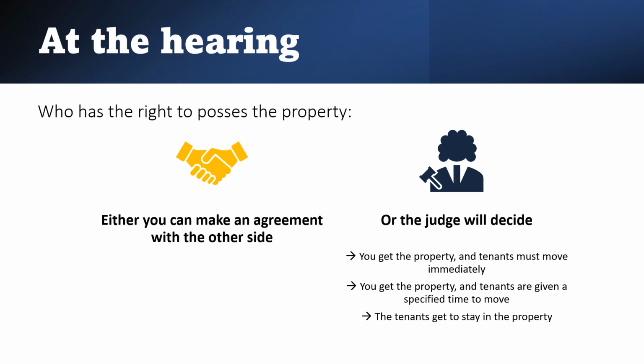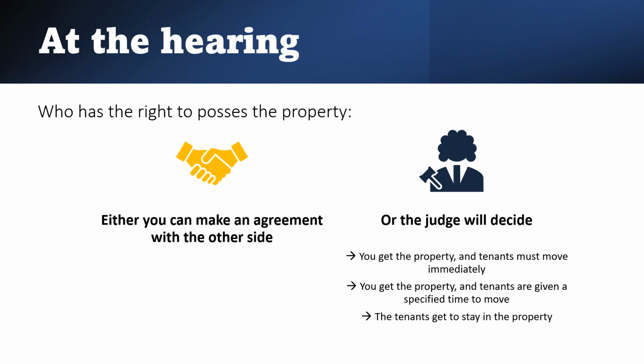The judge will listen to information from both sides about the eviction notice, the summons and complaint, and the specific facts of your case that each side has alleged in their disclosures. The judge will use this to determine whether the tenants can stay in the rental or if they must move.